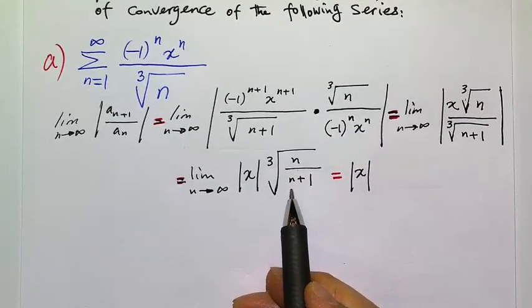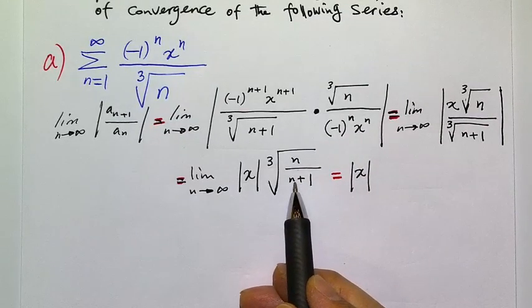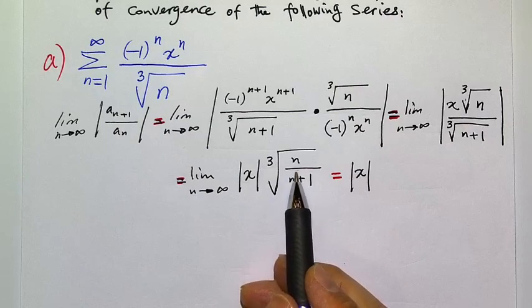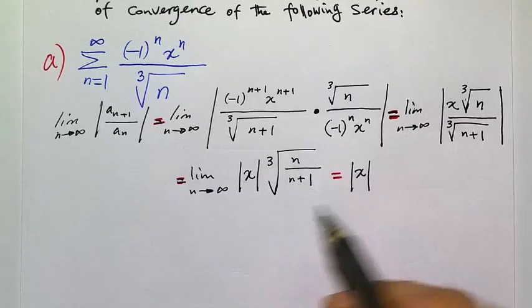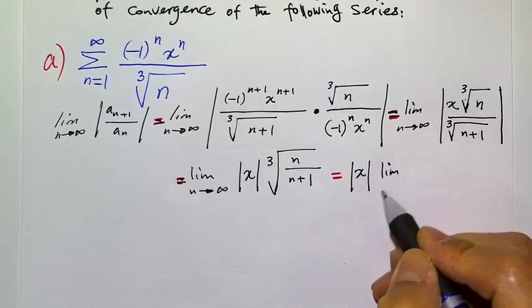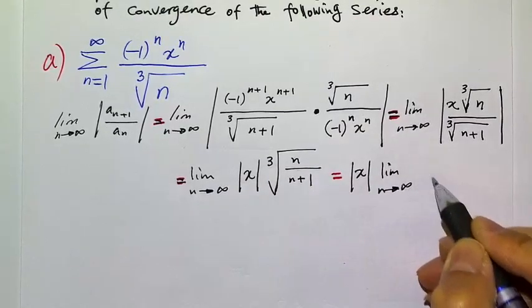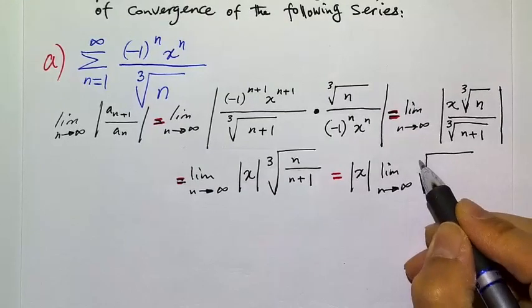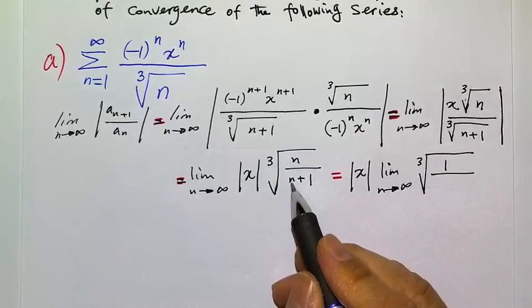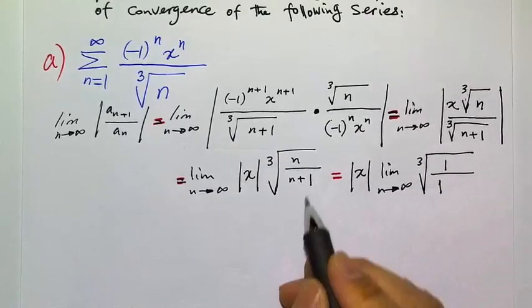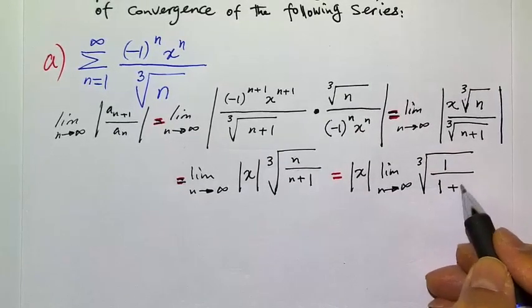divide every term here by n. Every term inside the radical we will divide by n. And we will get 1 in the numerator. n divided by n, we get 1 plus 1 over n.